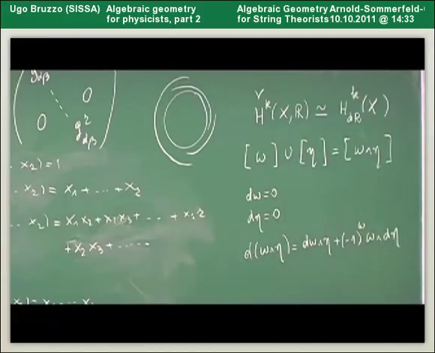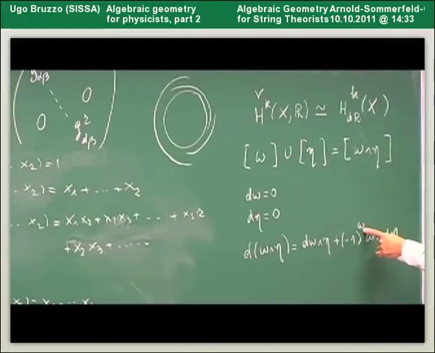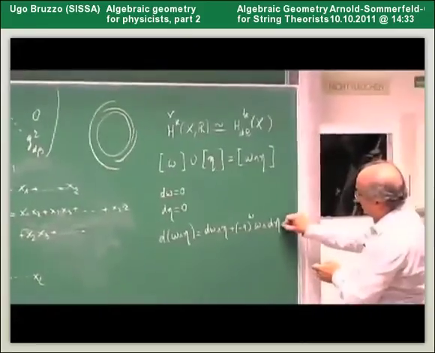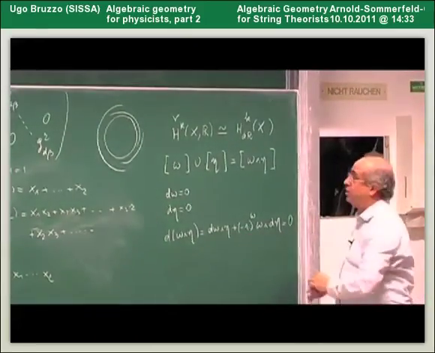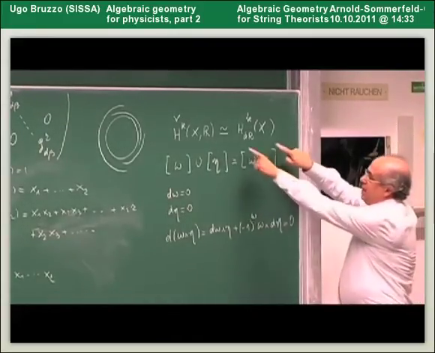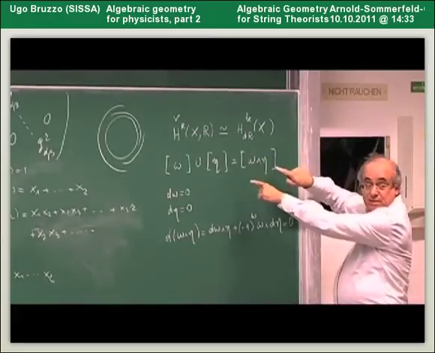You have a Leibniz rule for the exterior differential with a sign given by the degree of omega. But in our case, d omega is 0, d eta is 0, and so the differential of the wedge product will be 0. So this is a closed form. It makes sense to take the cohomology class.